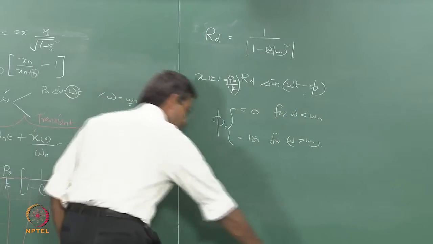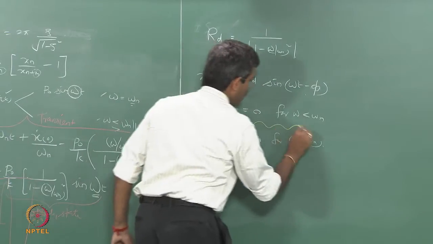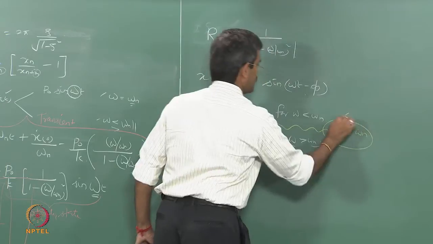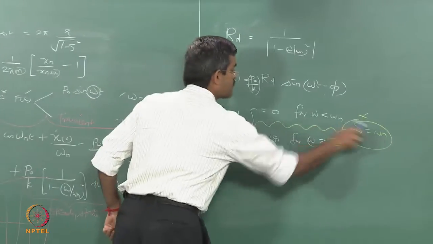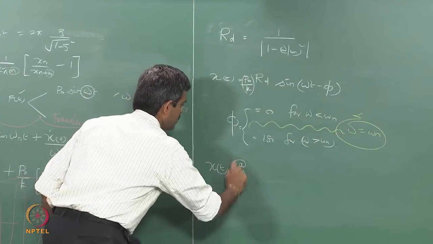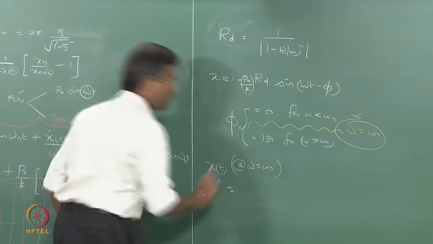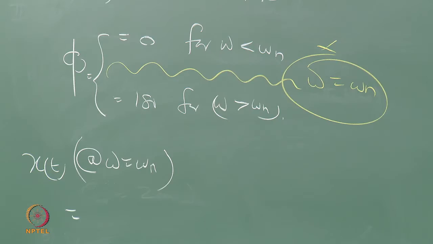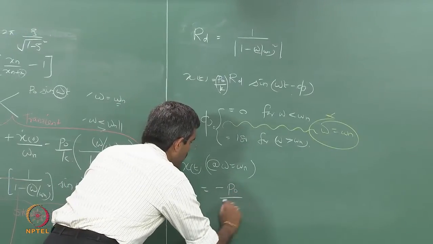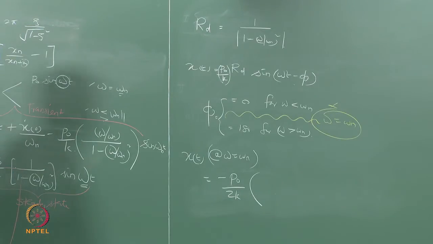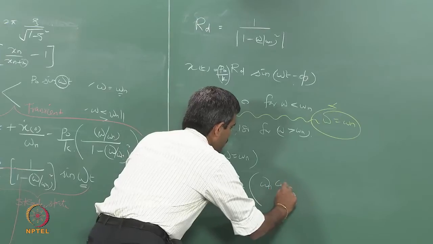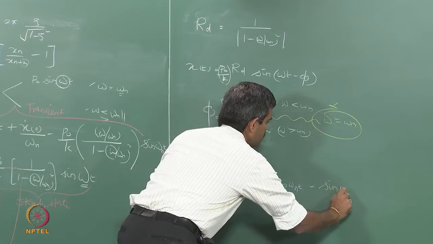Now, it is silent when omega equals omega n. So, at this specific case, x of t at omega equals omega n is given by a different expression now, which is minus p0 by 2k (omega n t cos omega n t minus sin omega n t).